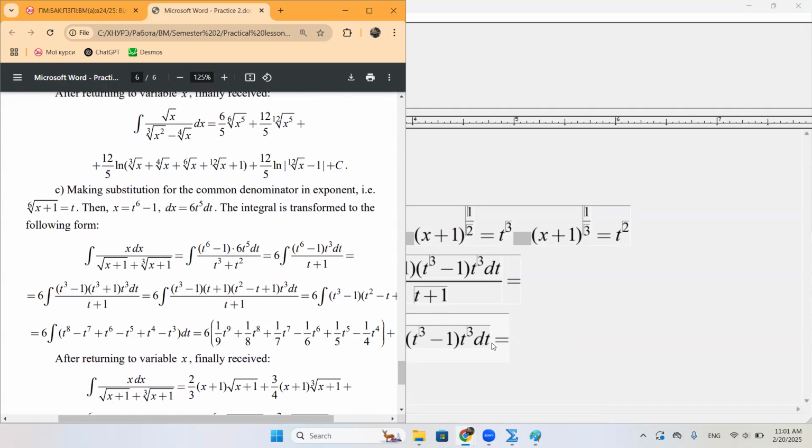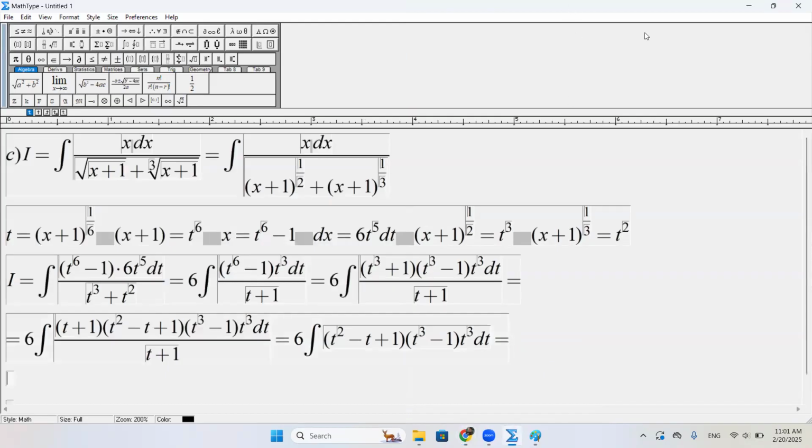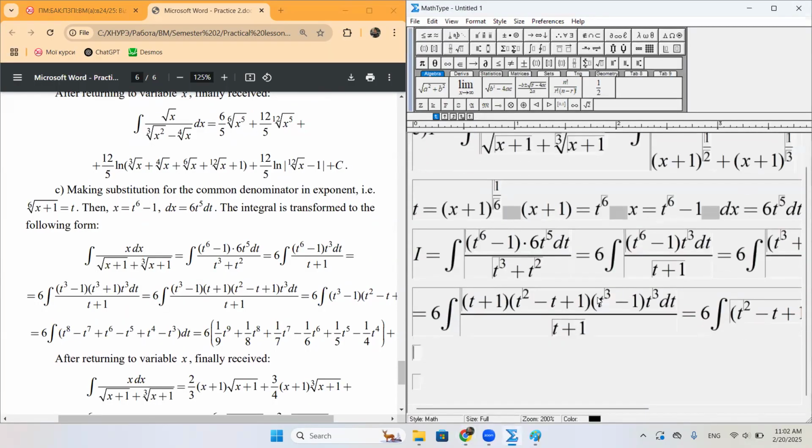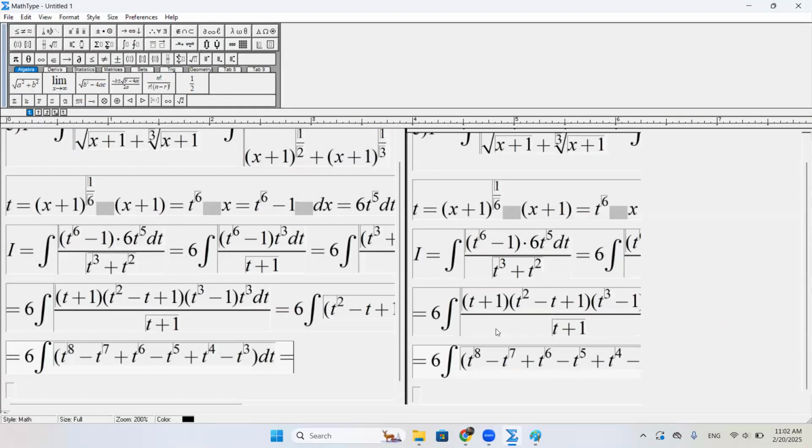So we will receive such an expression: t in power of 8 minus t in power of 7 plus t in power of 6 minus t in power of 5 plus t in power of 4 minus t cube dt. So now let's integrate it.